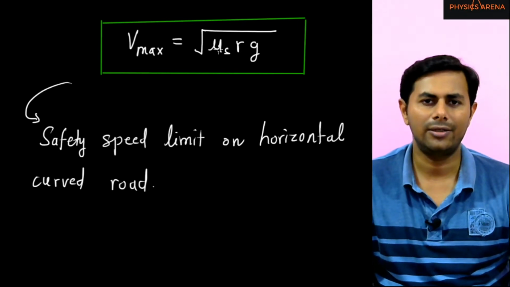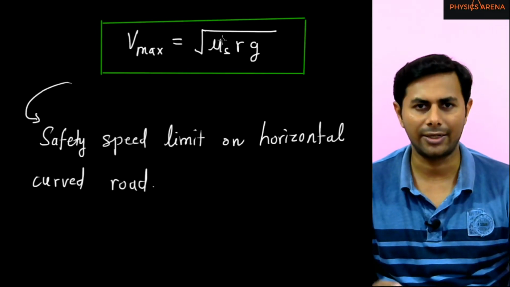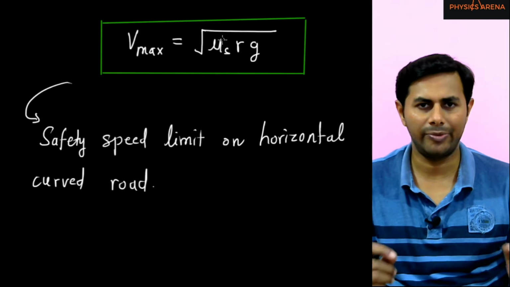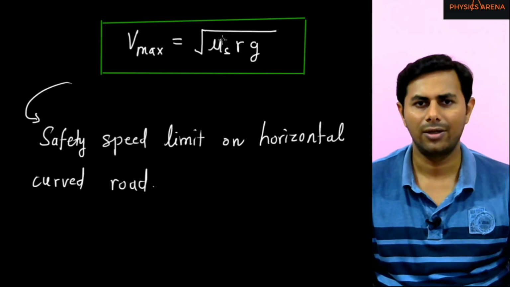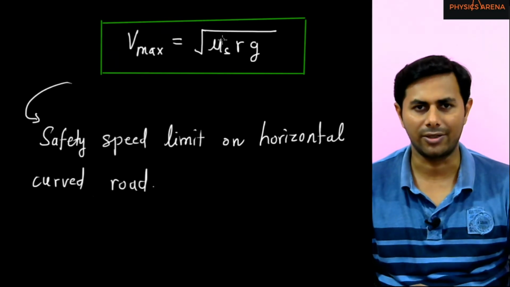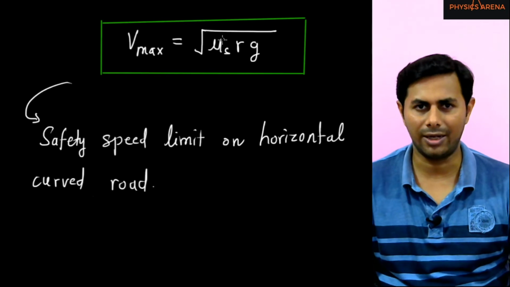The only thing which can change here is mu s, which is coefficient of static friction. So for a given turn, that is for a fixed radius of curvature, Vmax entirely depends upon the coefficient of static friction, and we know that friction is not reliable.